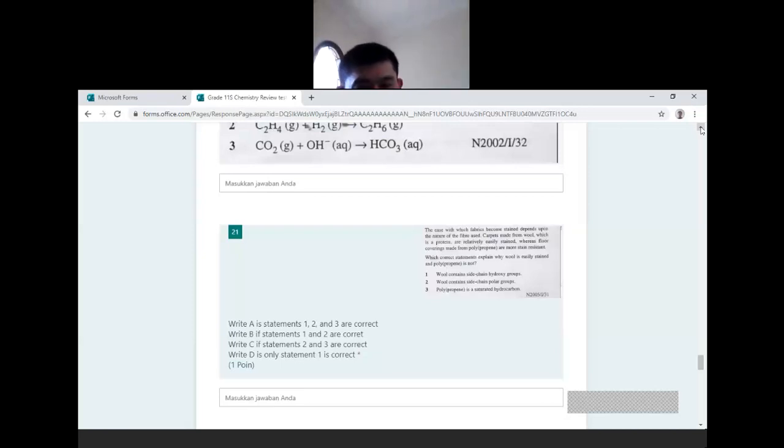Like in this one, polypropylene is a saturated hydrocarbon is correct, but the saturation does not explain why it is stain resistant. There is no relation between saturation and stain resistance.